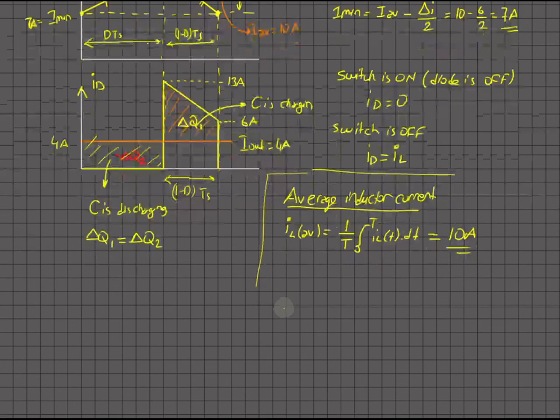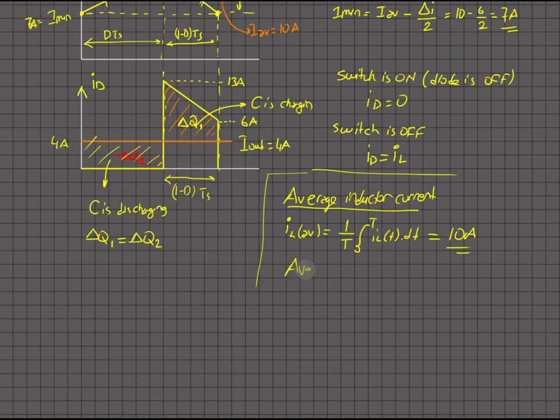But let's calculate the average diode current, right? So average diode current, ID average, is 1 over TS, integral from 0 to TS of ID dt, right? So it is 0 here, okay, it is 0 here.